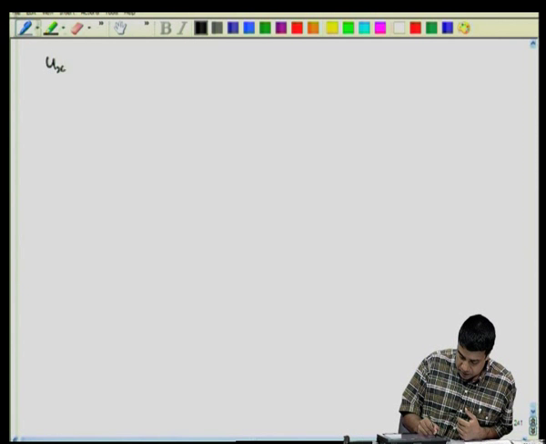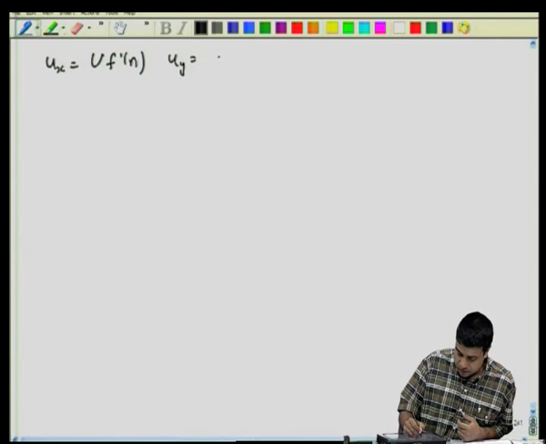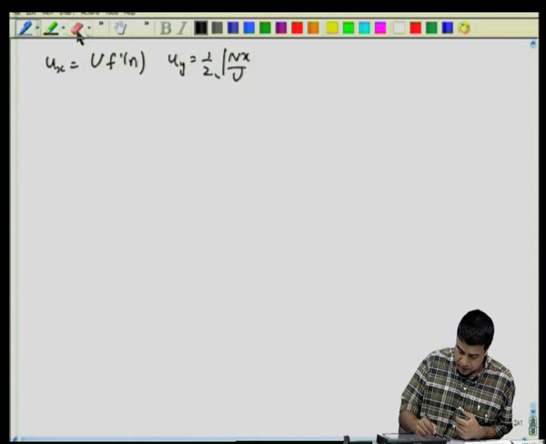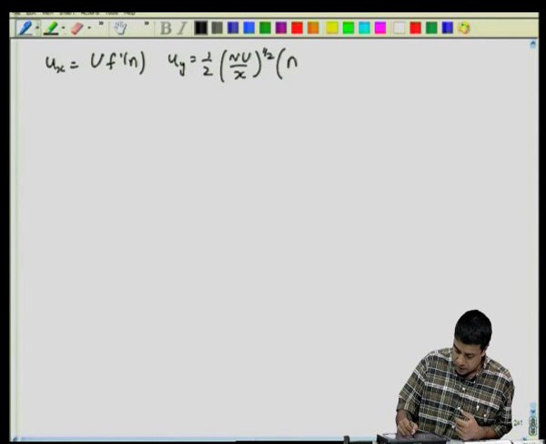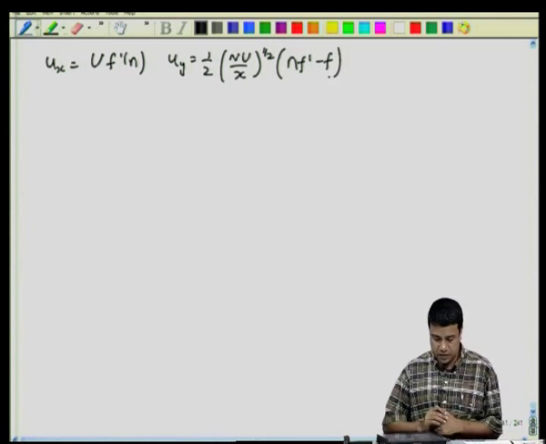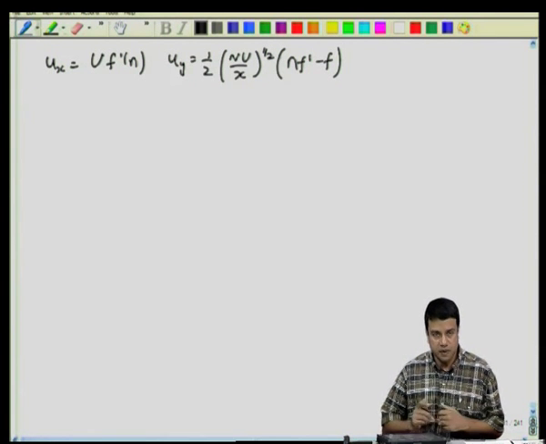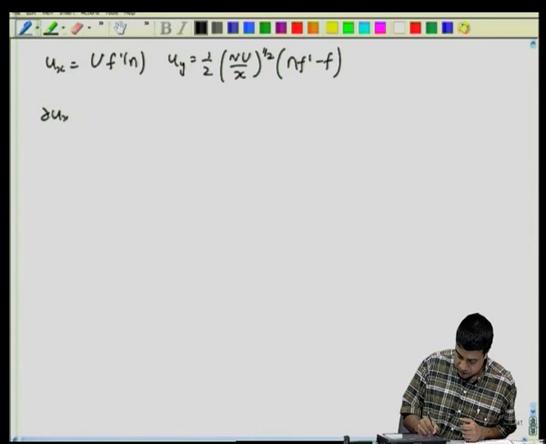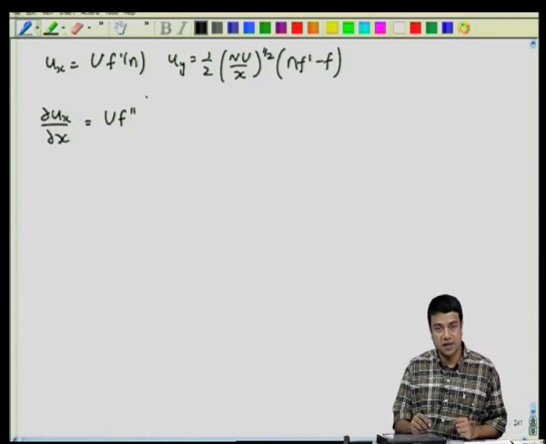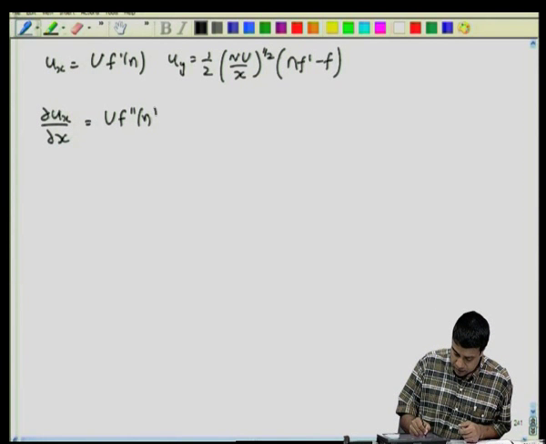So, I have u_x is equal to u times f prime of eta, u_y is equal to half square root of nu u by x into eta f prime minus f. I next need to calculate partial u_x by partial x, which is equal to u f double prime, the second derivative with respect to eta, times partial eta by partial x.